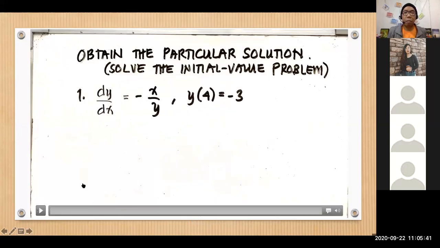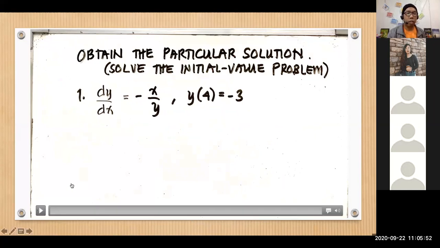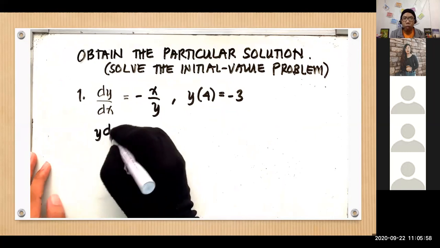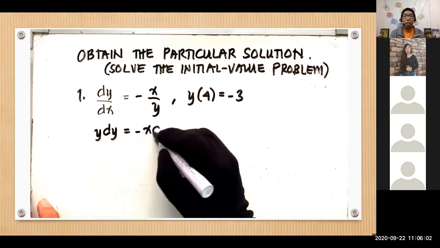Okay, now let's obtain the particular solution. This is just one example para lang ma-demonstrate natin how you can be able to determine the particular solution. Yan, separable DE. Ang condition natin dito is y of 4 is equal to -3. So ano ibig sabihin ng y of 4 equal to -3?